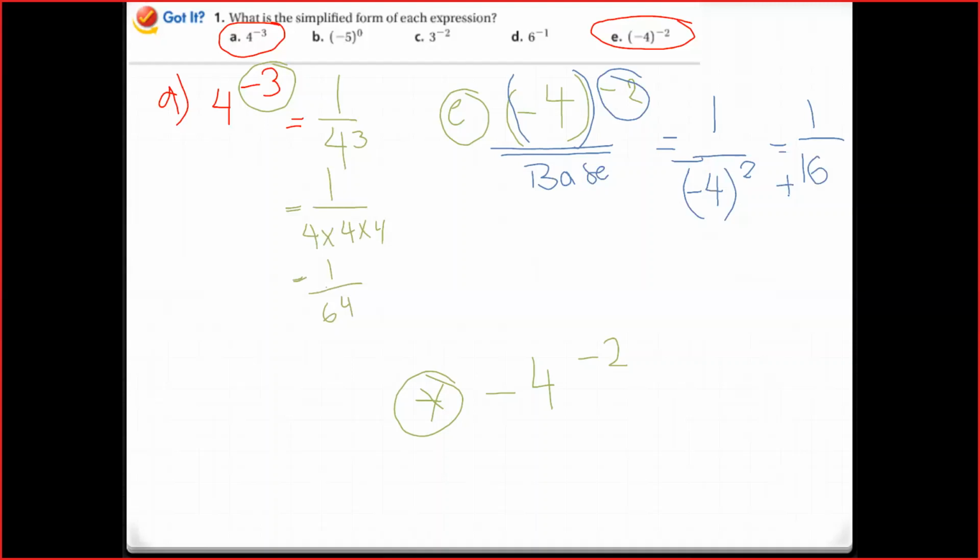Remember what I told you before. If you have a negative number to an even power, the answer will be what? Positive. Now look at another one here. Negative 4 to the power negative 2. They didn't put brackets for me. So what does it mean? It means that only 4 is the base. So I keep the negative.